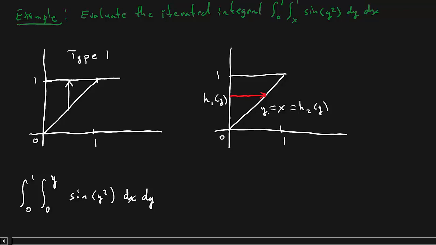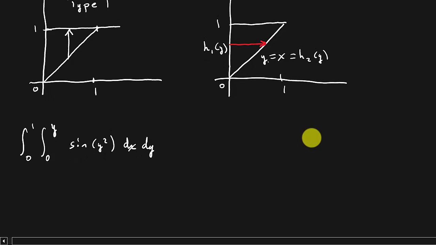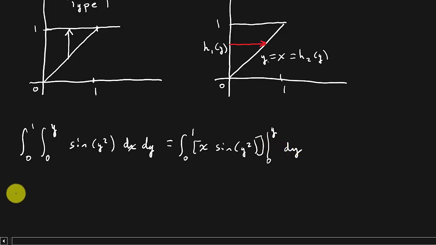Hopefully all that's making sense. So let's integrate this. It goes from 0 to 1, and I'm integrating with respect to x. So this is just x times sine y squared, from 0 to y, dy.